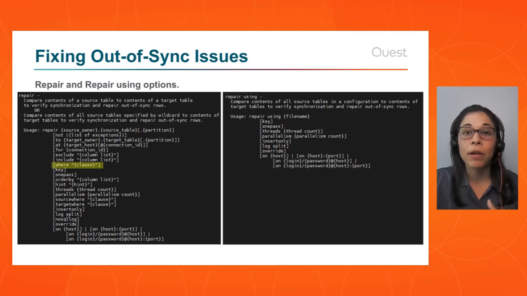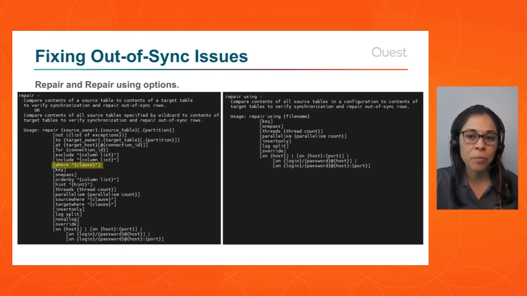Maybe you can repair only the rows that are from, say, 10 or 15 days ago, using these columns. Only the rows that match the filter are going to be repaired. Use any column or columns in a table to create a where clause and repair only those specific rows.